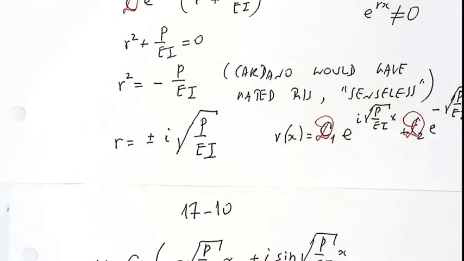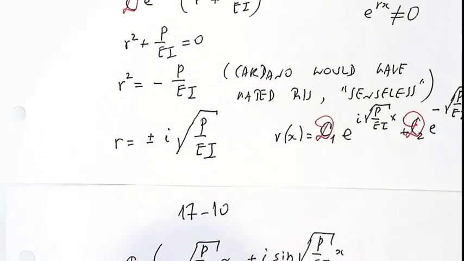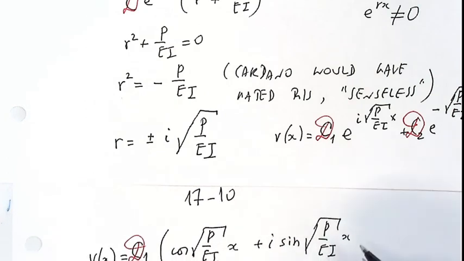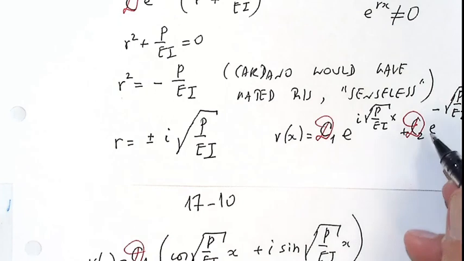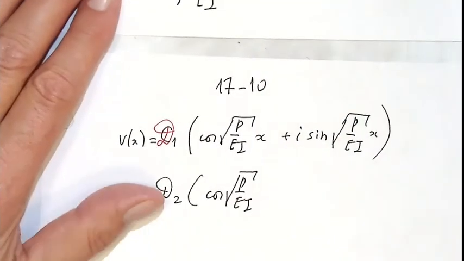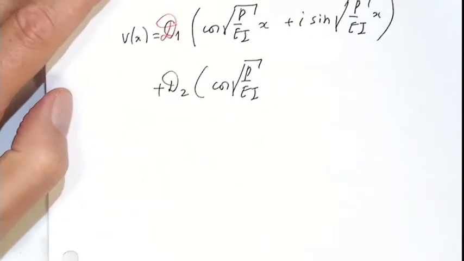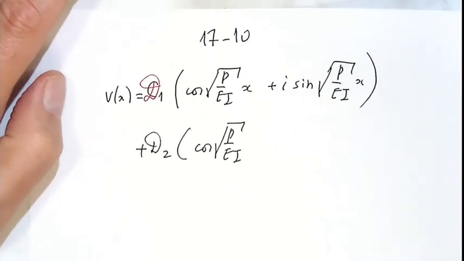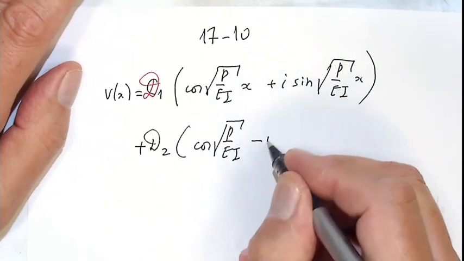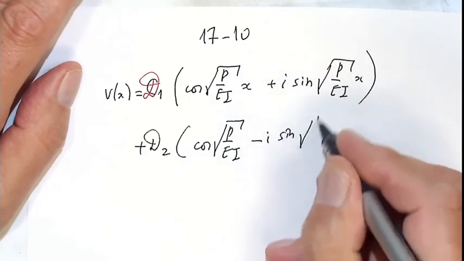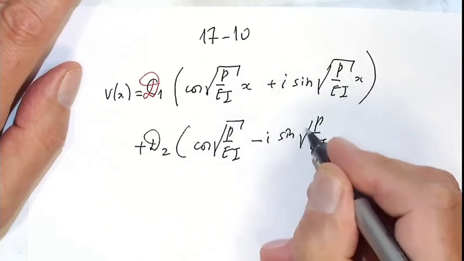Okay, so we have here d1 plus d2. Here will be cosine of square root of p over EI x minus i sine of square root of p over EI x.